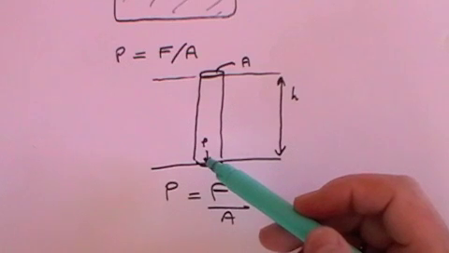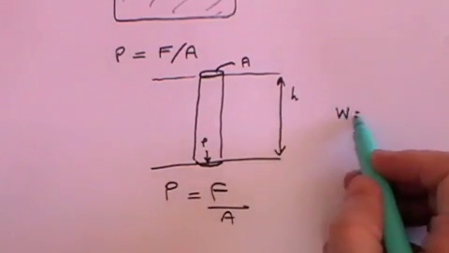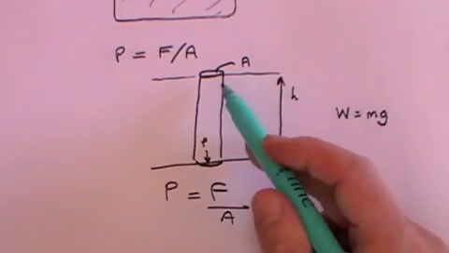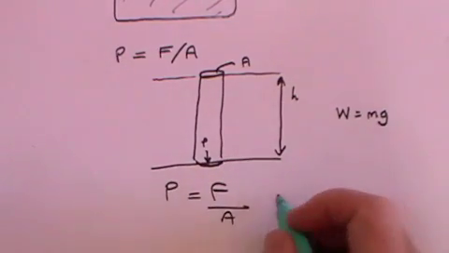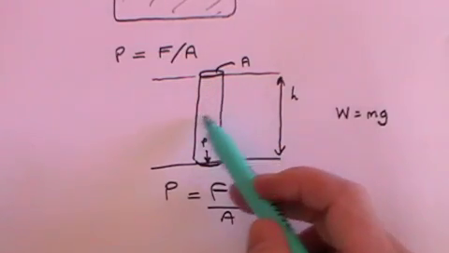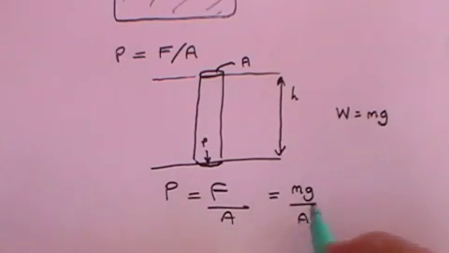Remember, there's a difference between weight and mass. Weight is mass times acceleration, which in the case of the Earth's atmosphere will be g for gravity. So the pressure is the mass of the air in this cylinder times g divided by the cross-sectional area A.